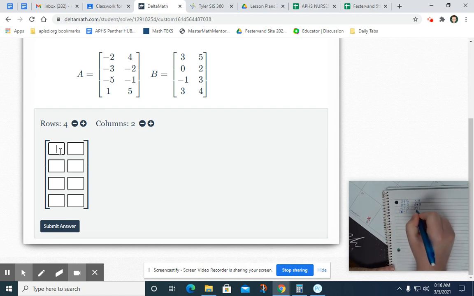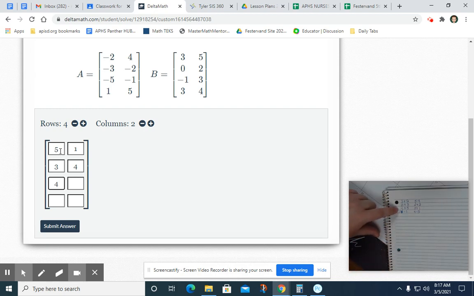This should be 3 minus 1 and 4 minus 5. So that my answers are 5, 1, 3, 4, 4, 4, 2, -1.